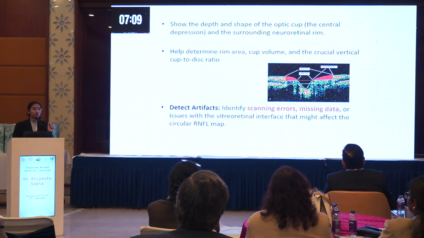Important is it helps you to diagnose or detect the scanning errors. If there is any missing data, or say there is a vitreoretinal interface issue, a big asteroid, a big hemorrhage, then the machine would not take the scan below that hemorrhage, and it would be flagged as red. So you can pick up on these tomograms.